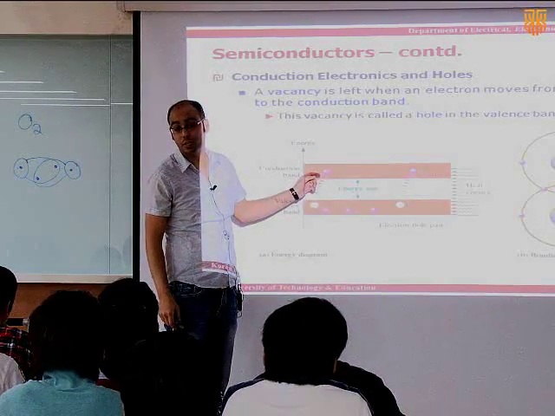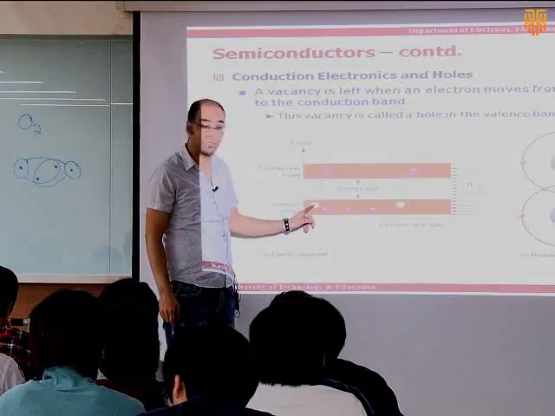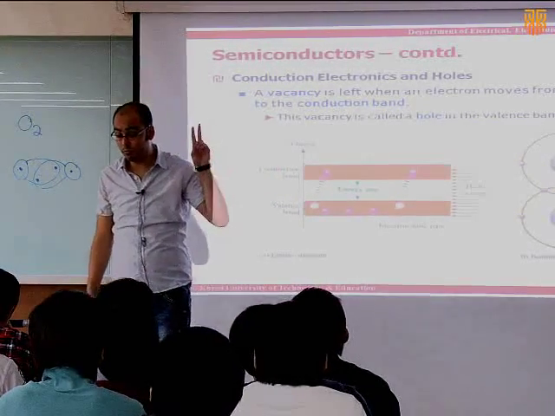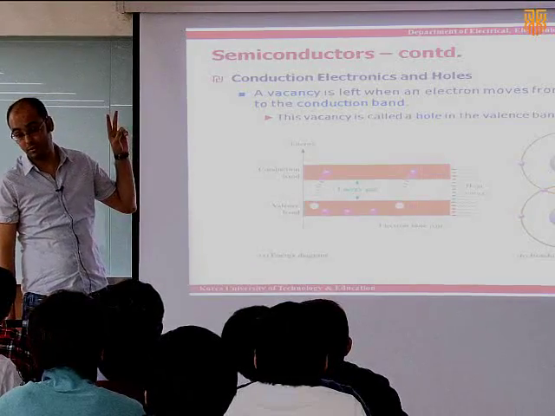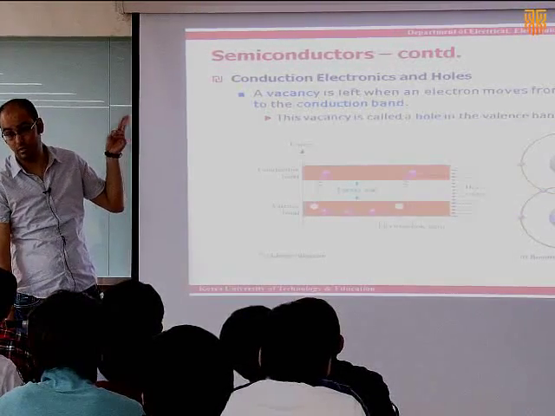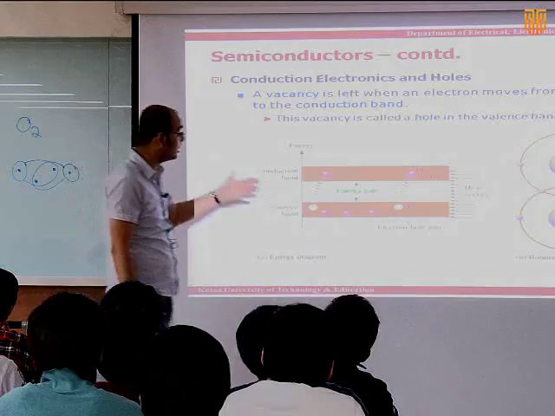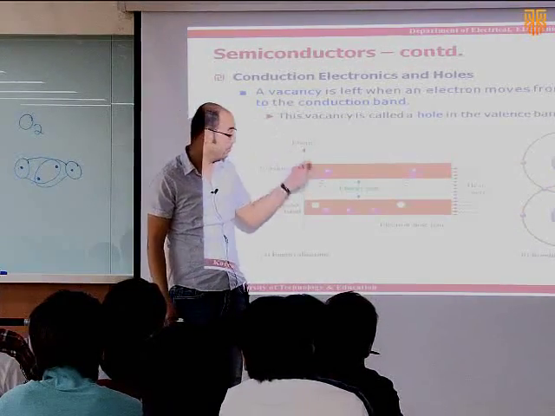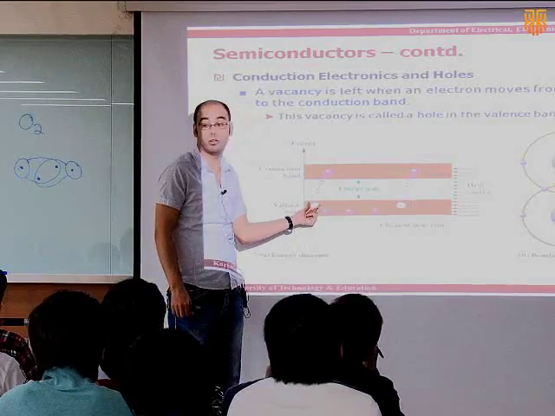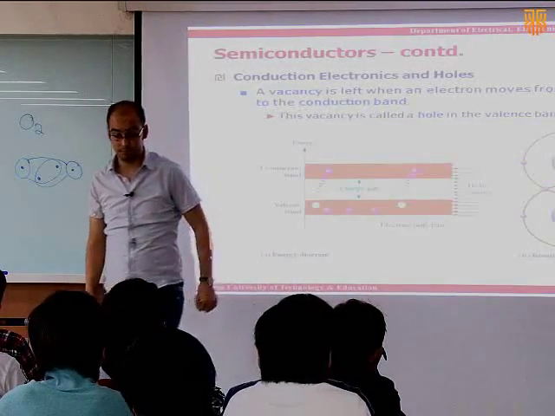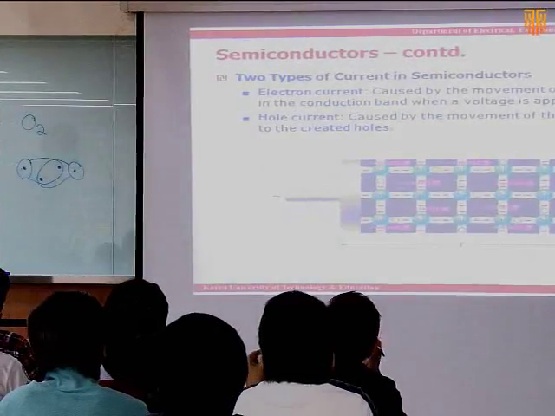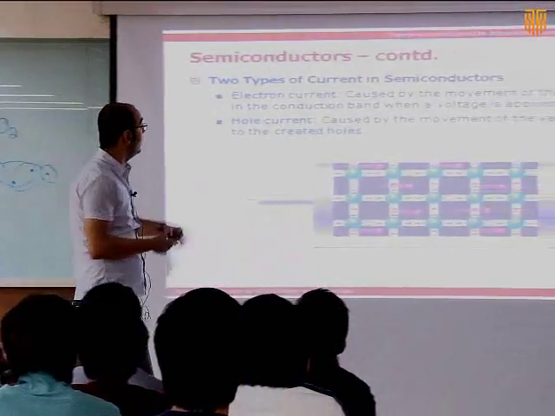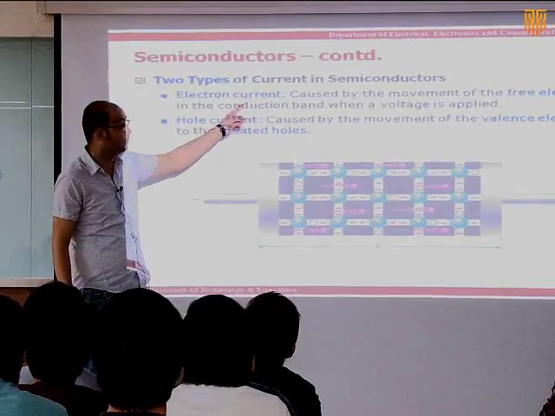But other electrons can move from negative to positive, right? So we have two kinds of conductivity or current. The first one, these electrons are moving outside, and the second kind, these electrons are moving to the holes. This is the electron current.